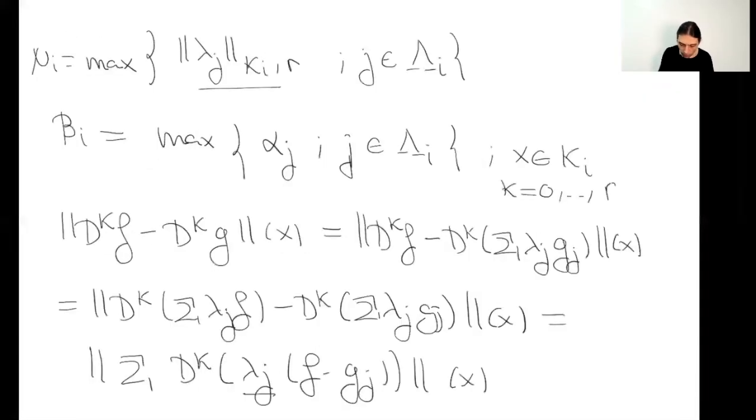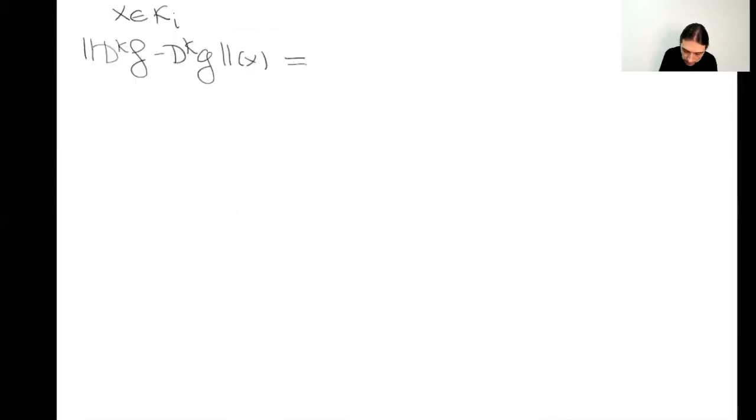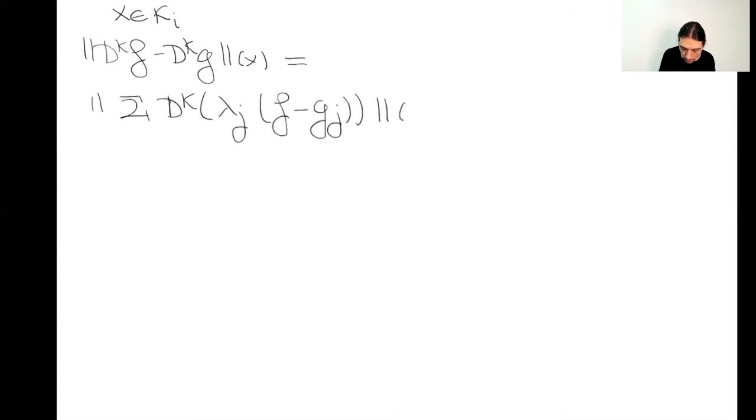What we have is the sum of the differential of lambda j times f minus g sub j, but we can consider just j in lambda I.